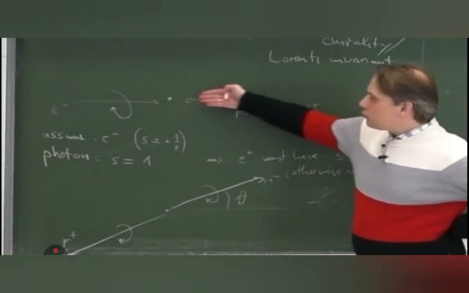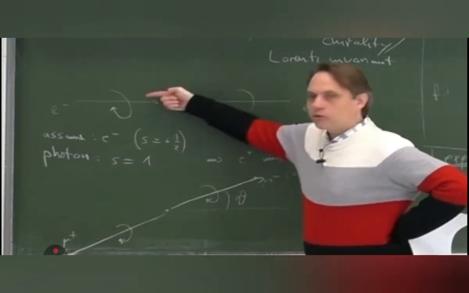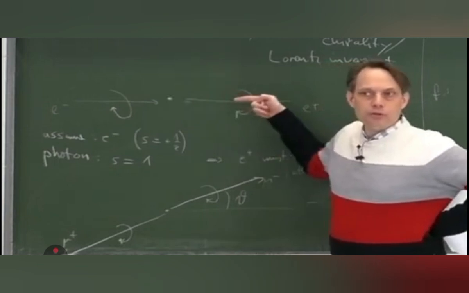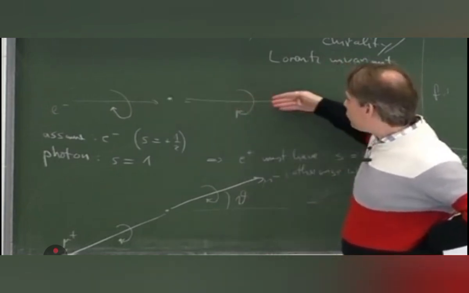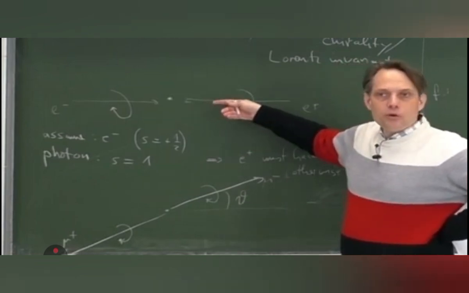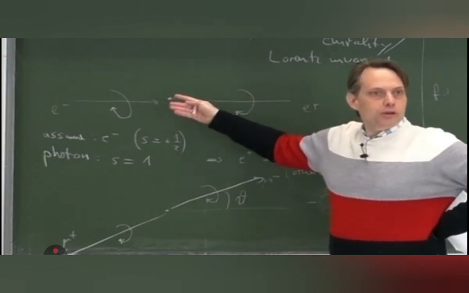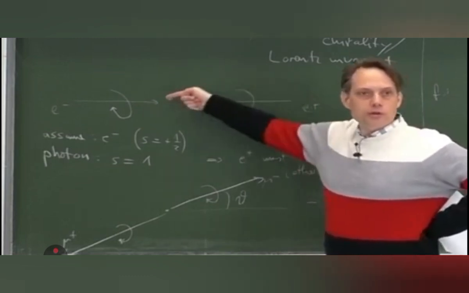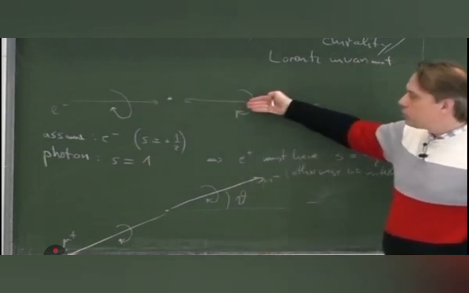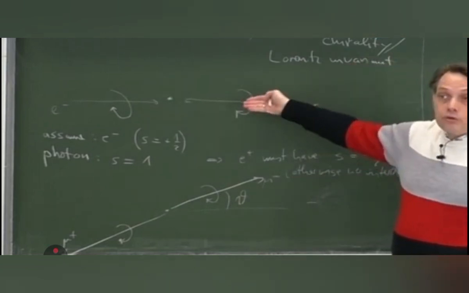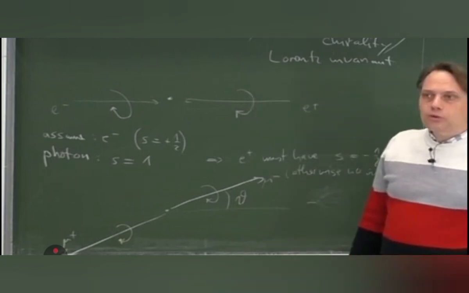Then our initial state is a state where there is the z-axis, so that is supposed to be the z-axis. This is singled out, so everything happens in the z-axis direction. And therefore the particles do not have any orbital angular momentum in the z-axis, but they have spin. So the total angular momentum of the initial state in z direction is exactly the spin. So it's a total angular momentum in z direction of 1. So this initial state is clearly an eigenstate of total angular momentum in z direction with eigenvalue 1.